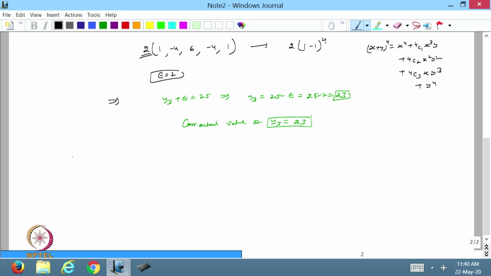So, this is the Weierstrass theorem of approximation.